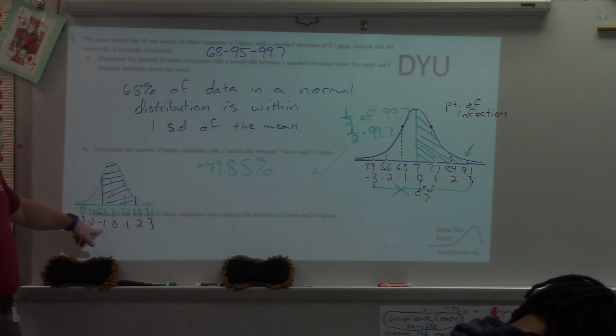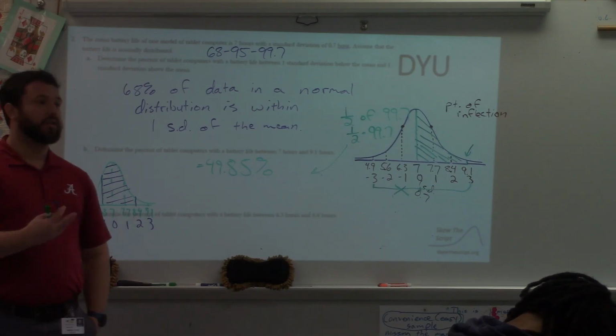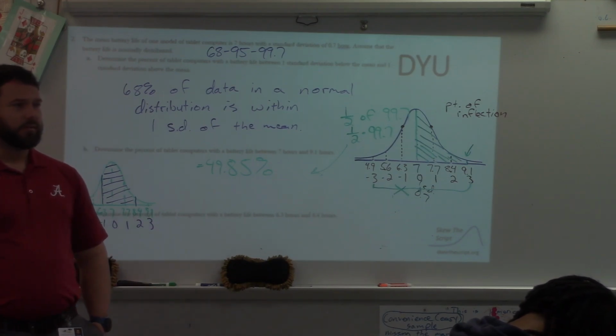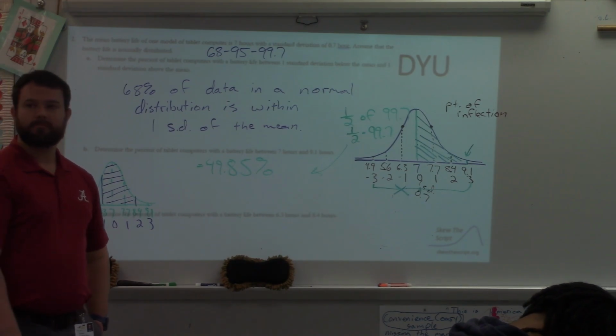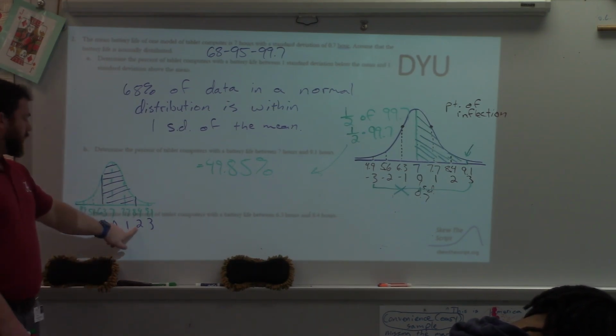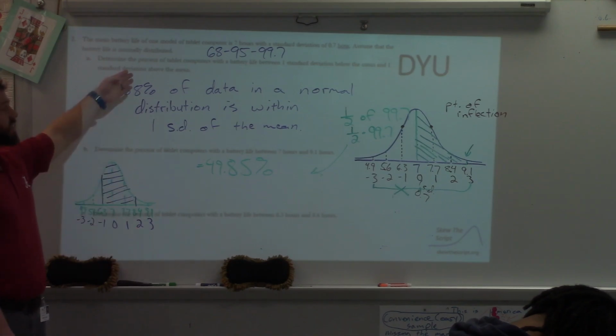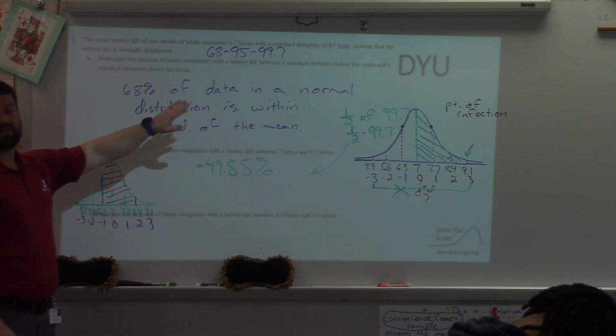So 1 standard deviation below the mean. That's telling me something with the 68 for sure, right? And there's other things that we can do, because I will point this out. Am I just going to be using the 68% here? Why not? It goes up to 2, right?